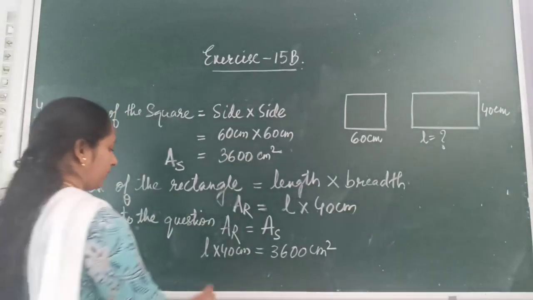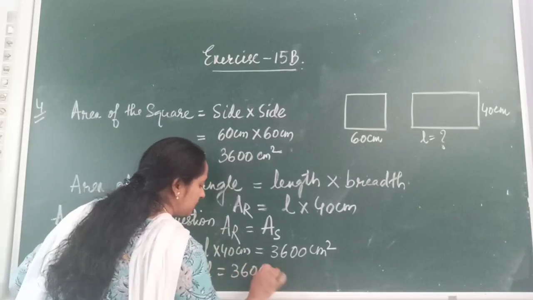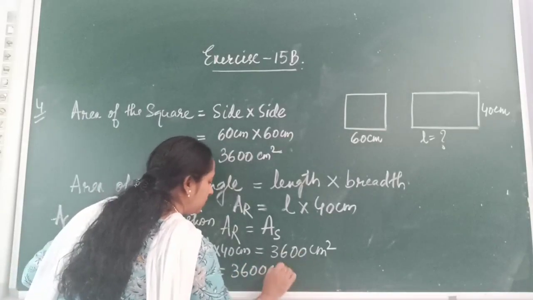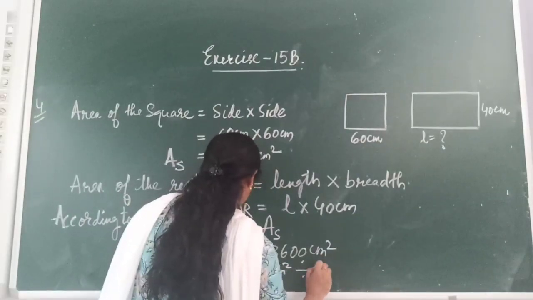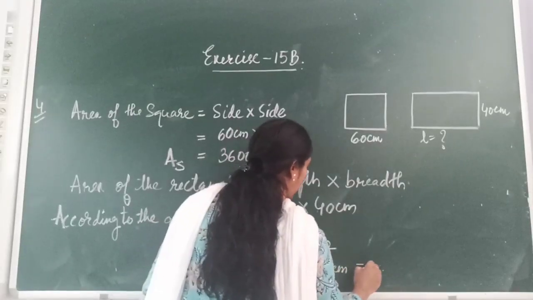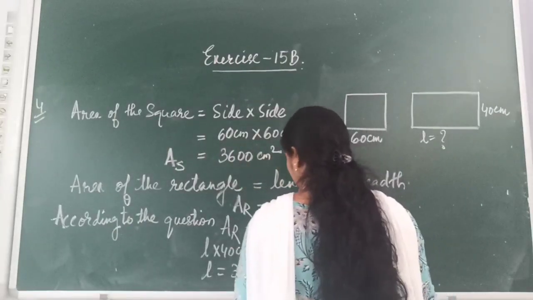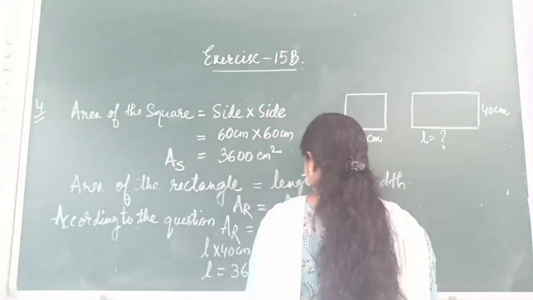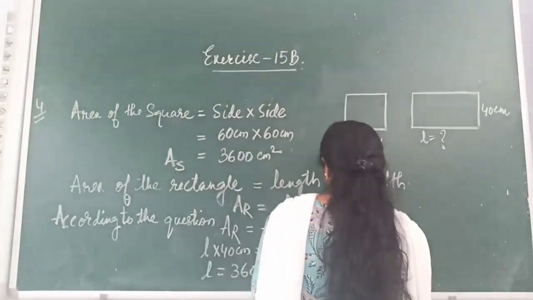So length will be equal to 3600 centimeter square divided by 40 centimeters. Now by dividing 3600 by 40, how much will you get? 90.